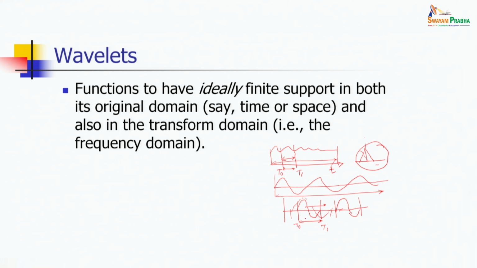Not only that, its effect in the transform domain should also be finite. That means since we are trying to get a transform in the transform domain, the function should have a finite support there also.